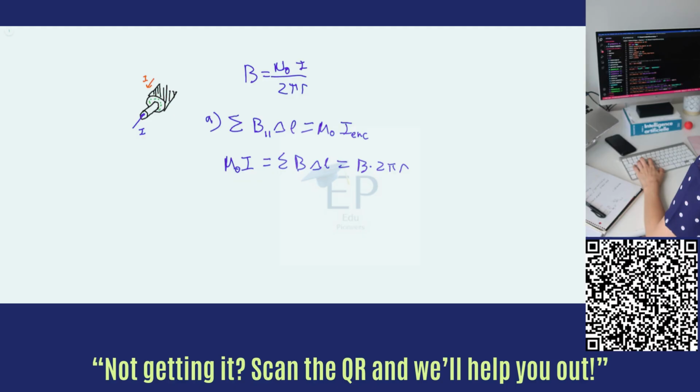You can either do it using calculus or an infinitesimal sum. And put that aside, you rearrange that, and you get the near famous equation, mu naught times the current over 2 pi r, which is what we're trying to find. Excellent. That worked out perfectly.